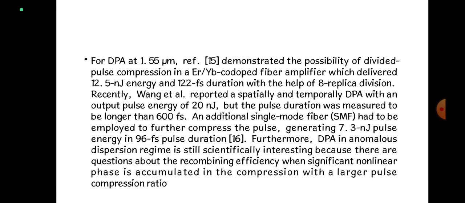An additional single mode fiber had to be employed to further compress the pulse, generating pulse energy in short duration. Furthermore, DPA in the anomalous dispersion regime is still scientifically interesting because there are questions about the recombining efficiency when significant nonlinear phase is accumulated in comparison with a larger pulse division ratio.